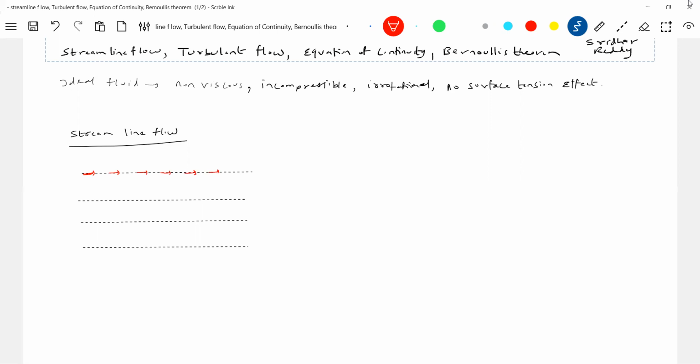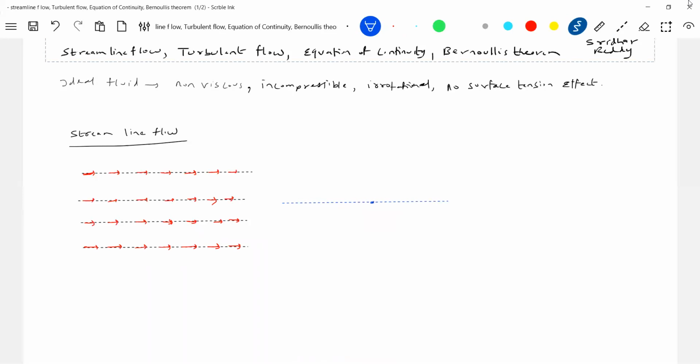Now, what are these arrows? This will be the direction of motion of the particles. That's one thing. Next, again, what is the condition for streamline flow? One more important thing.